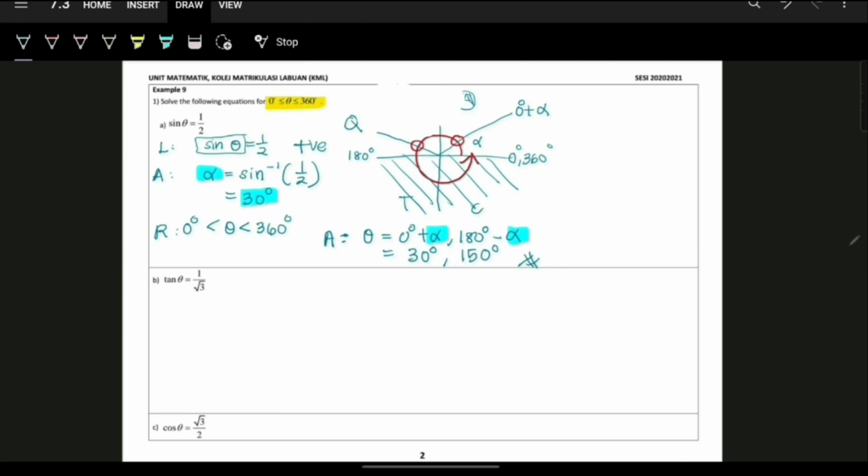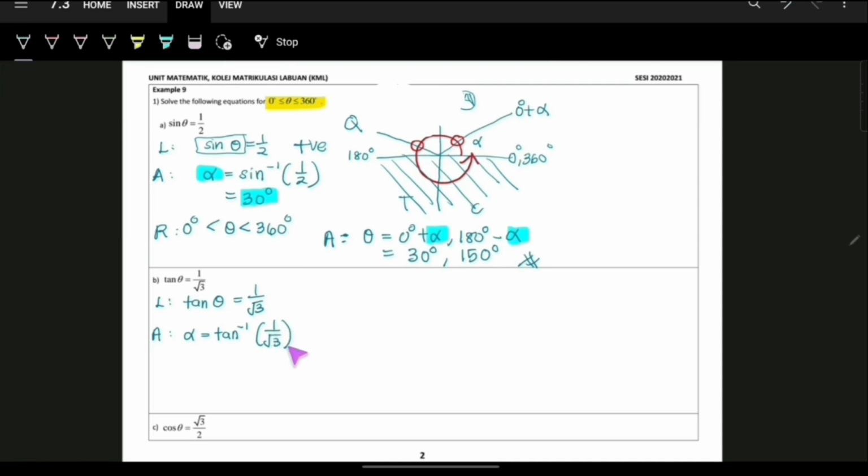Okay, we try the second question. For this one, tangent theta equal to 1 over square root 3. Okay, for the alpha is equal to inverse tangent.